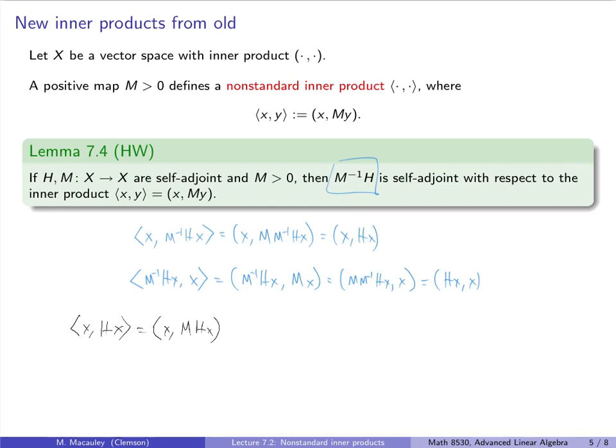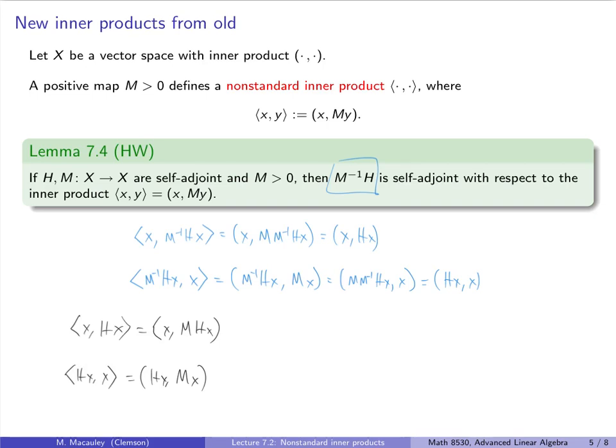And if we put h in the other coordinate, we're going to get hx dot x equals, parentheses, hx dot mx. And now if m is self-adjoint, so m and h are self-adjoint, I can move m over here.